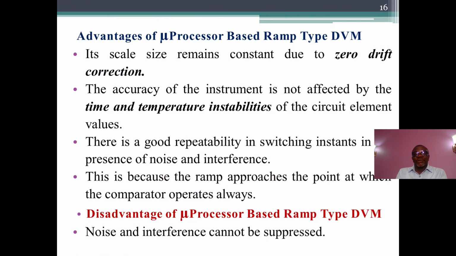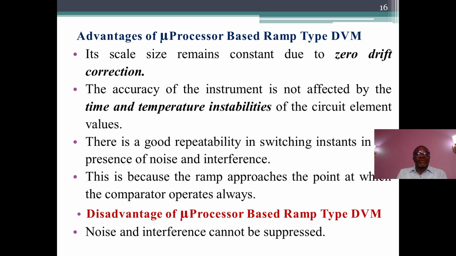This microprocessor-based DVM has many advantages. One, its scale size remains constant due to zero drift correction. The signal conditioning makes it possible. The accuracy of the instrument is not affected by the time and temperature instabilities of the circuit element values, because if you use lumped circuits, you expect to have some instabilities.